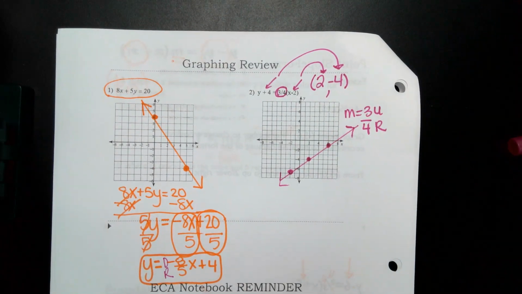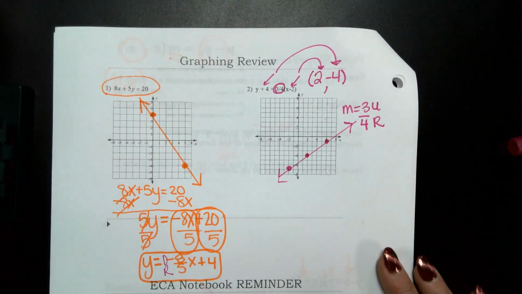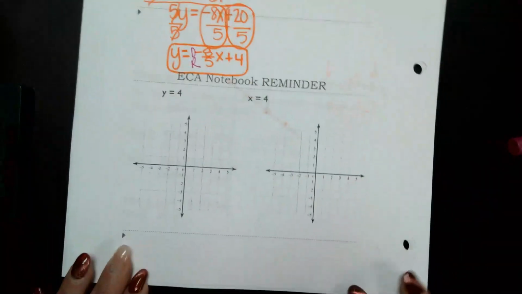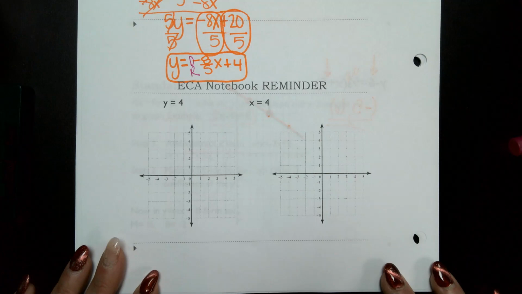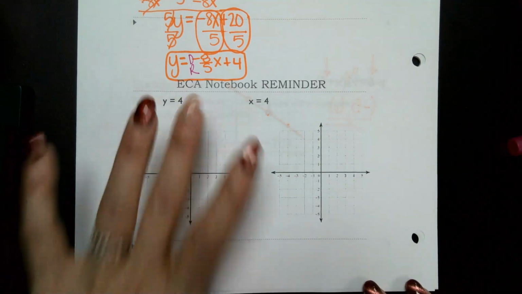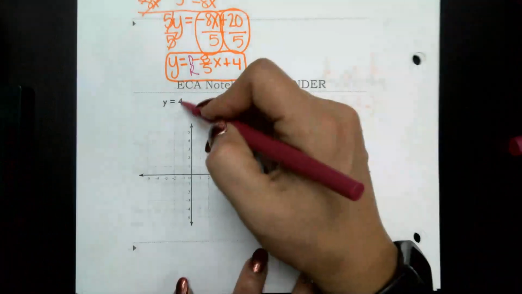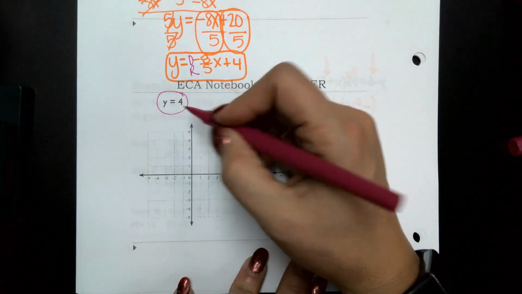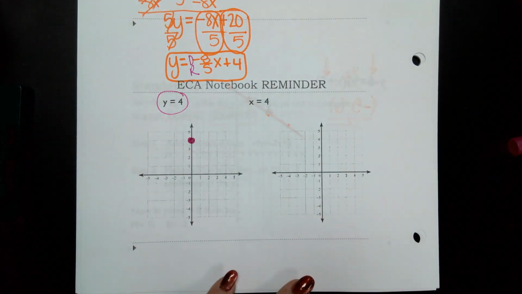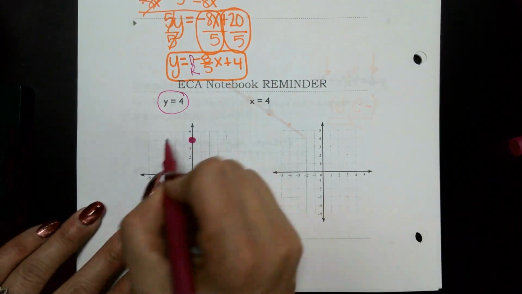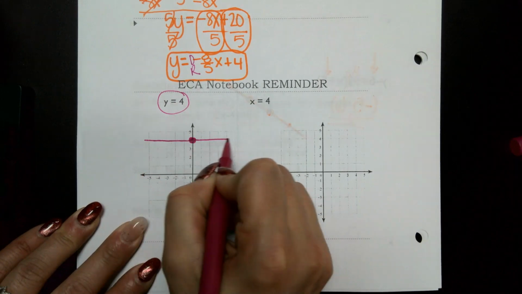Okay, are we ready? Everybody have those done? Okay, scoot it up. We just did 2 like this on your do now. y equals a constant. You put your first number on the y-axis, and where does it go? Across. Horizontal.